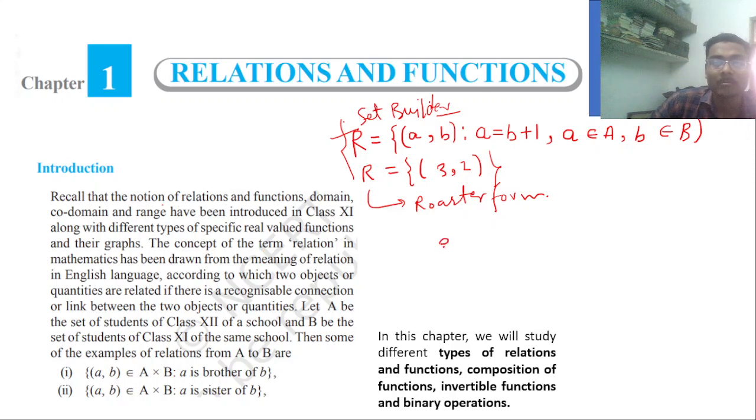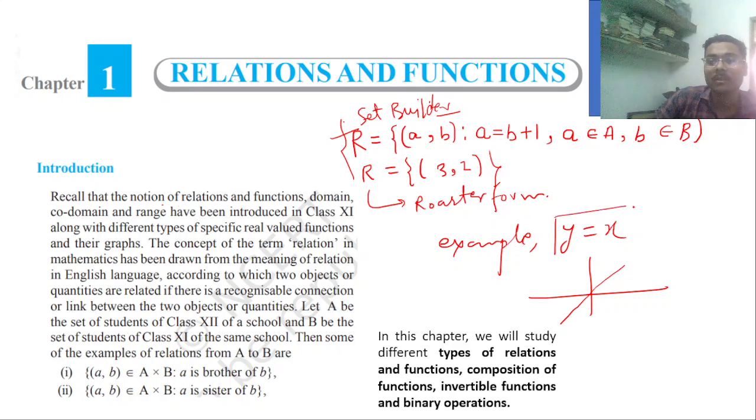For example, if you draw the y equals x graph, it will look like this. This is basically a function. Sometimes y is written as f(x) equals x, so this is the graph of f(x) on the x-axis and y-axis.